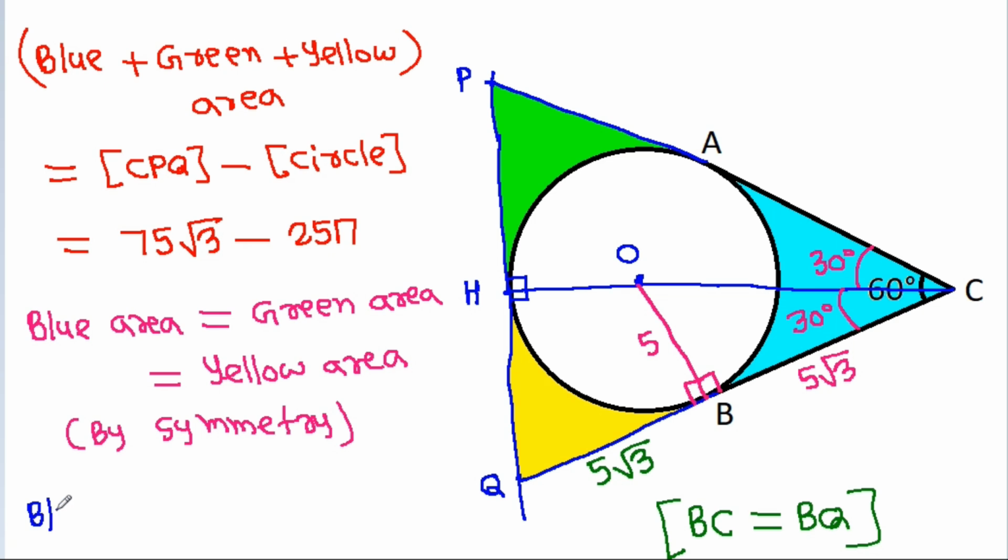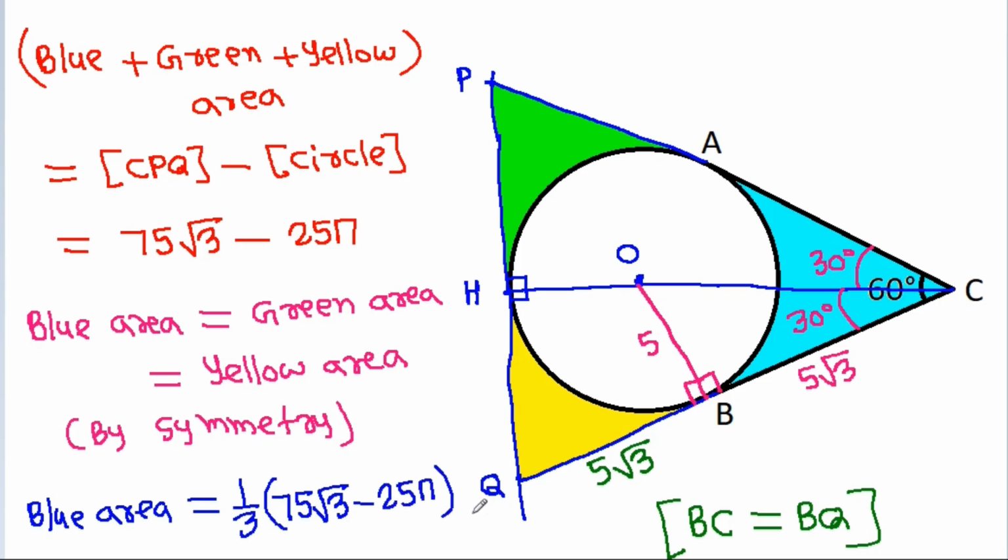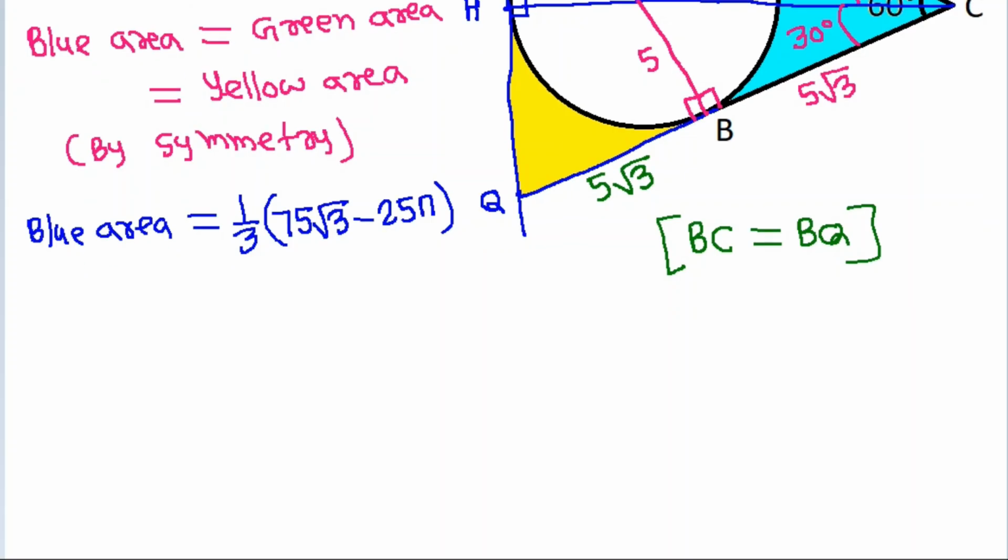So blue area will be equal to 1 by 3 times 75 times a square root of 3 minus 25 pi, and it is equal to 25 times a square root of 3 minus 25 pi by 3.